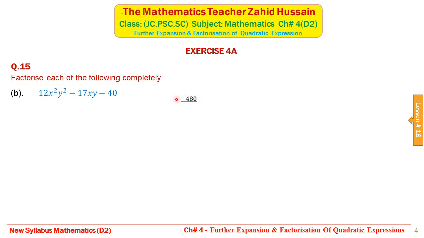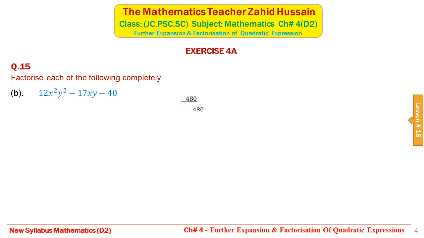Now we will find two factors of 480 such that their product is minus 480 and their sum is minus 17. Because this number is negative, the two factors will have different signs, and the sign of the larger will be negative.